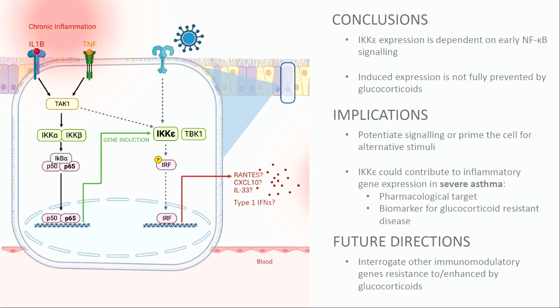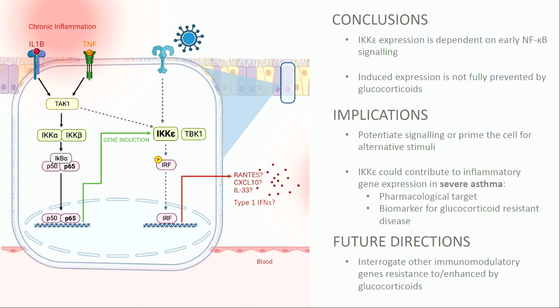So what are the implications? IKK has the potential to potentiate signaling in response to these same stimuli, IL-1 beta and TNF, that are going to be quite widely expressed in chronic inflammation.